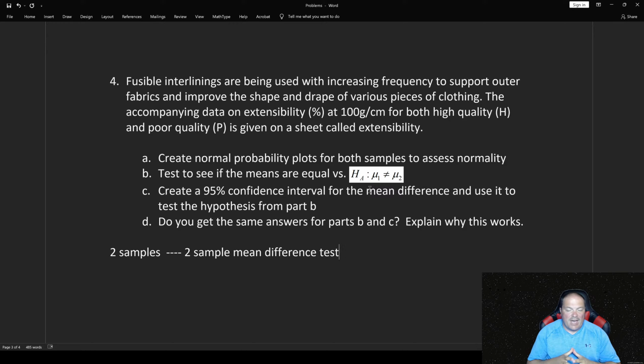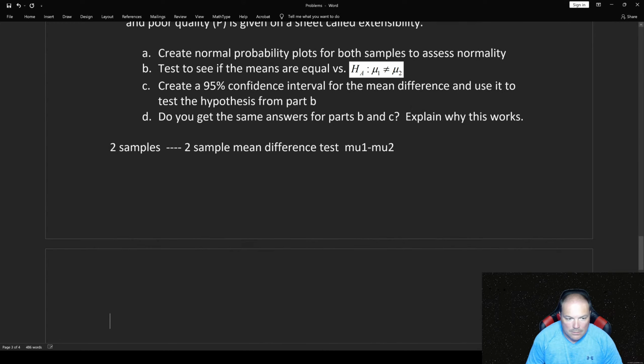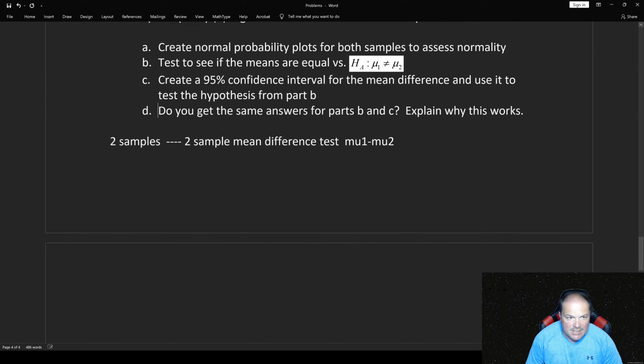If you think about that, we can rewrite that as mu1 minus mu2 equals 0. We can rewrite the alternative as mu1 minus mu2 not equal to 0. So we're going to look at this as a two-sample difference test, and we will write it as mu1 minus mu2.